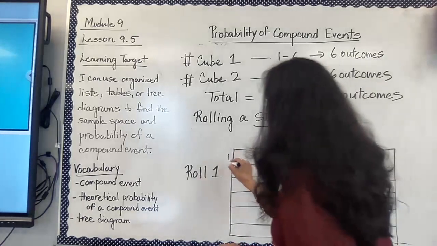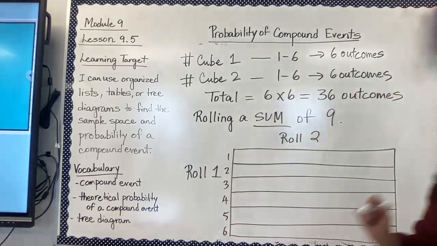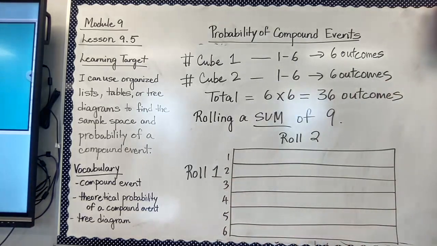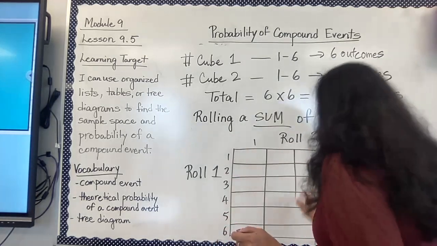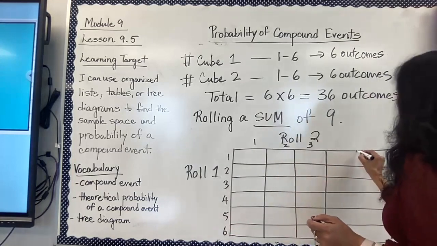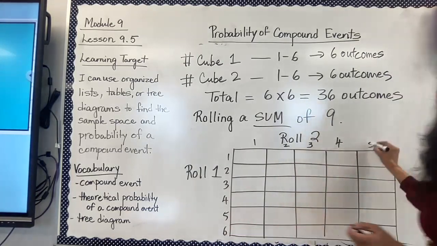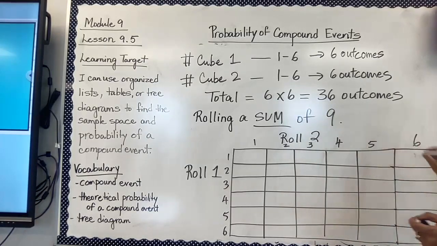And in roll 2 also, I have 6 outcomes. So 1, 2, 3, 4, 5, and 6 different outcomes here. All right, whether it's roll 1 or roll 2, I have 6 different outcomes. Now, let's look at these different pairs that I have when I'm rolling.